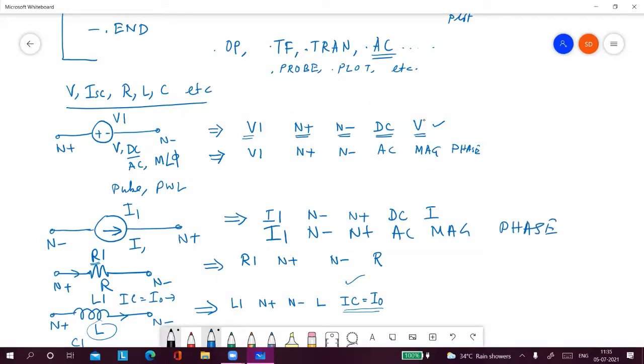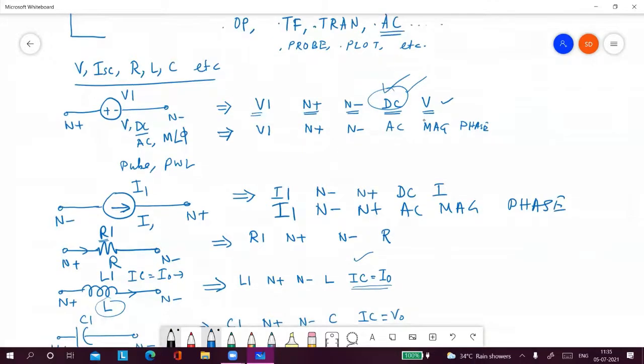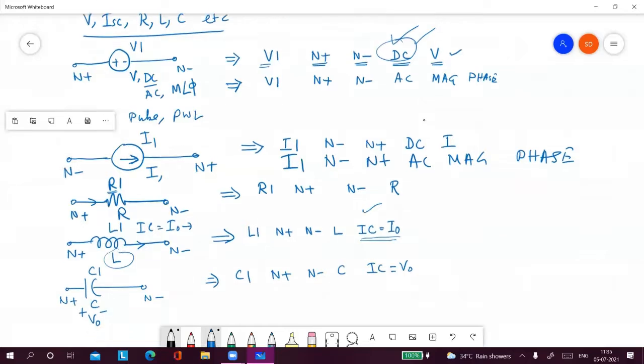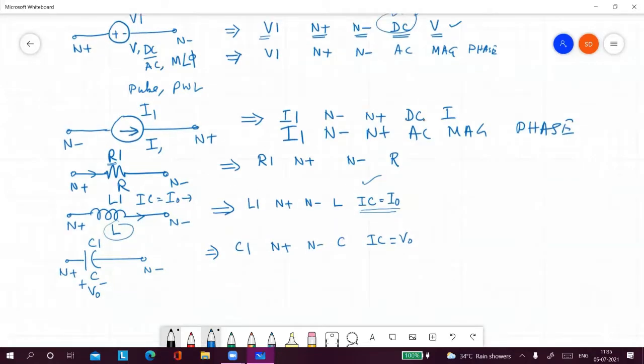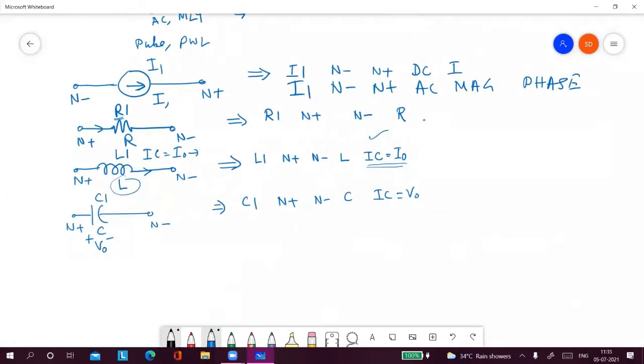By default, if you do not write anything, SPICE will understand that the given voltage source or current source is DC. So in a SPICE program, V denotes voltage source, I denotes current source, R denotes resistance, L denotes inductance, and C denotes capacitance. Any doubt? Okay.